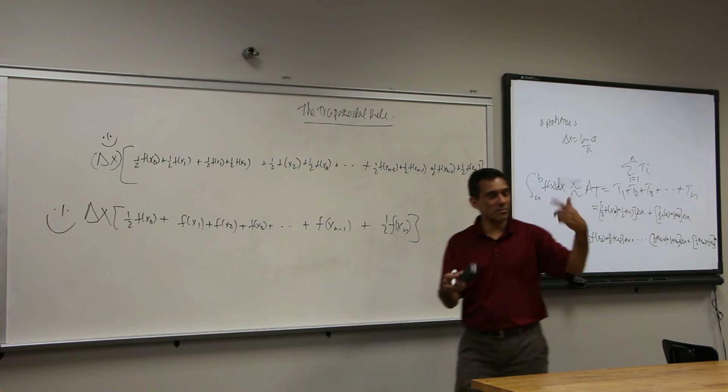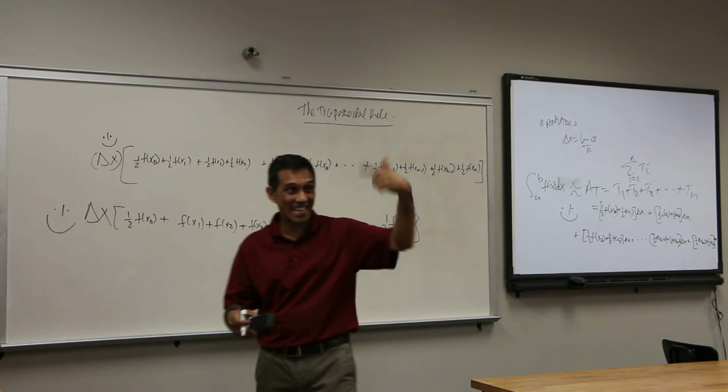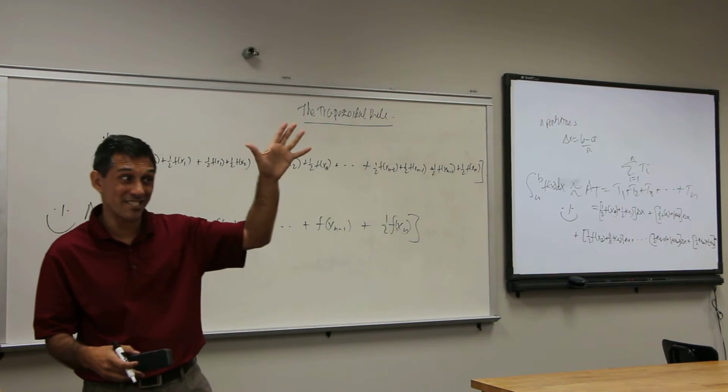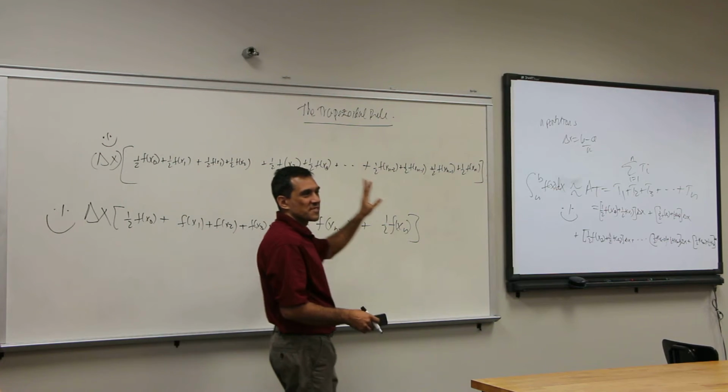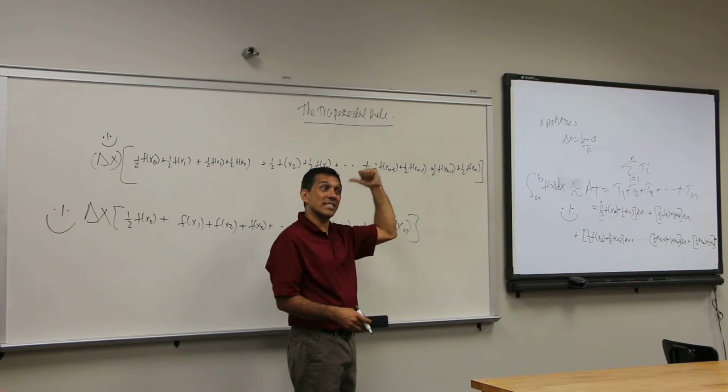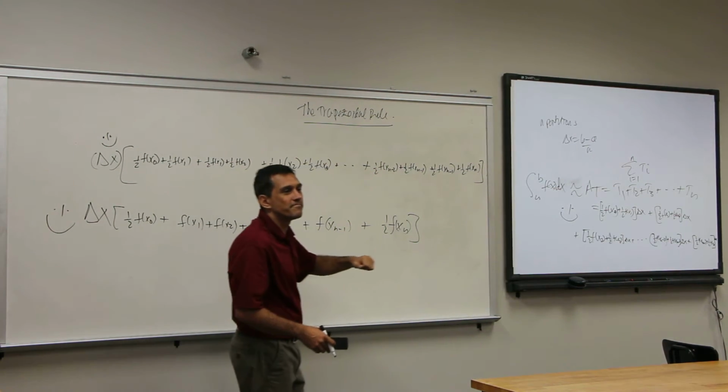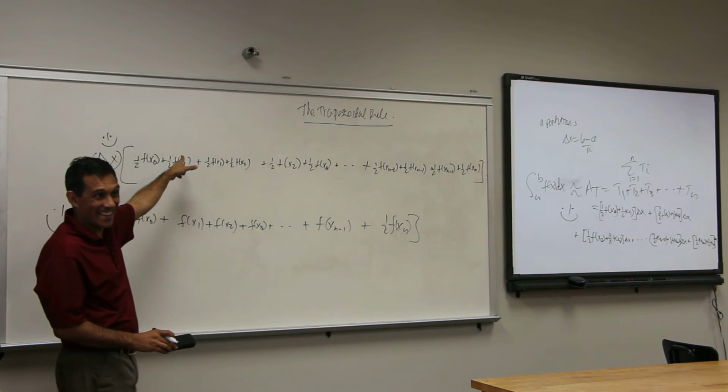But you are doing multiplication by delta x, multiplication by delta x, multiplication by delta x, a lot of computations. Here you're saying, hey, you know what? That multiplication by delta x can take place at the end. That's all this is saying.